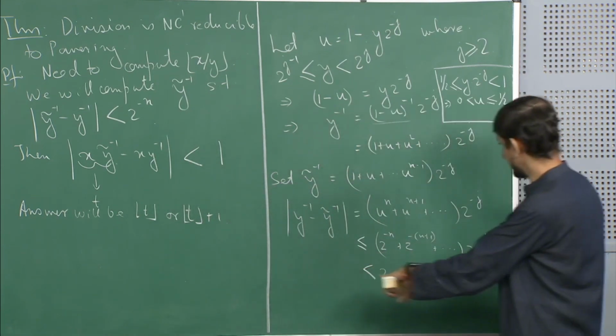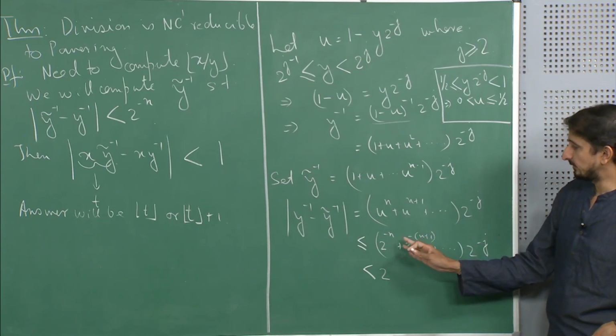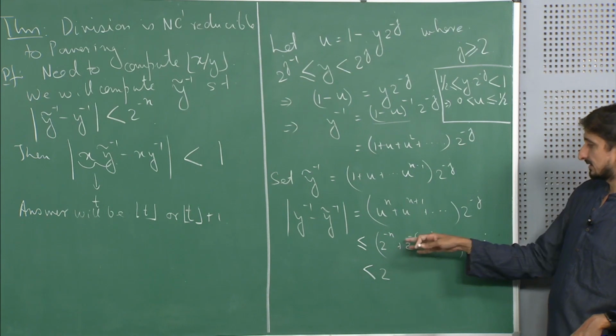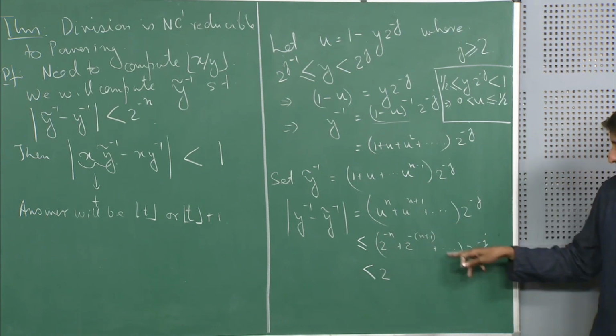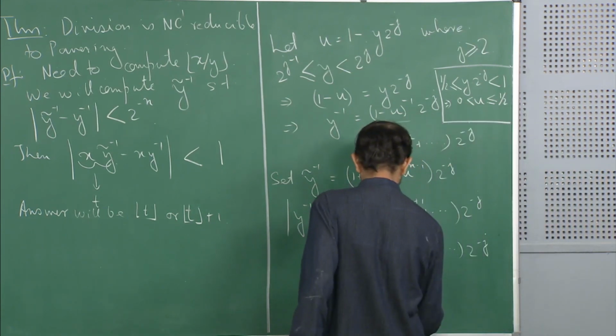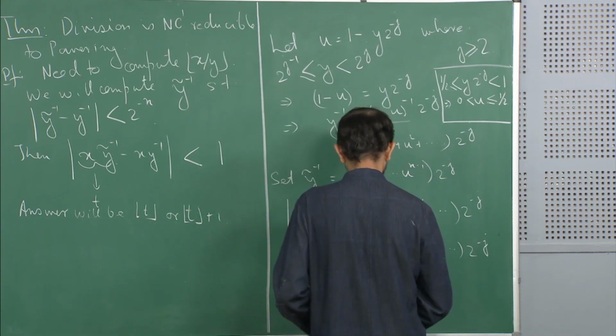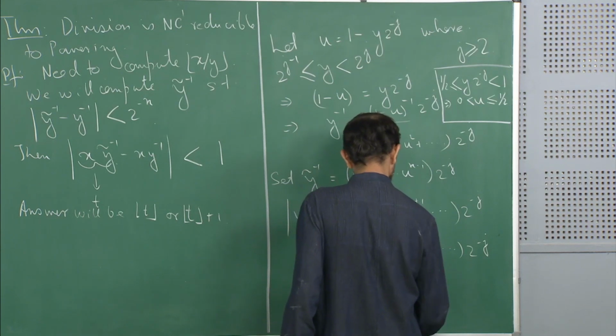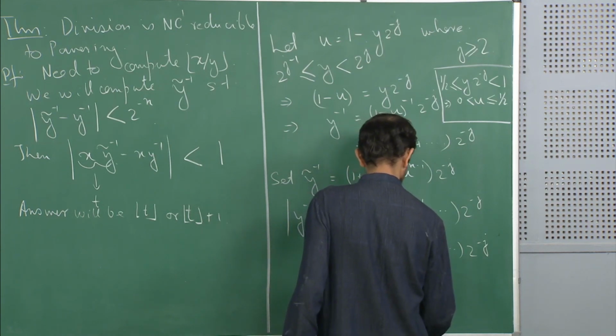So this sum, if I take 2 to the power minus n outside, this is actually equal to 1 plus half plus and so on.